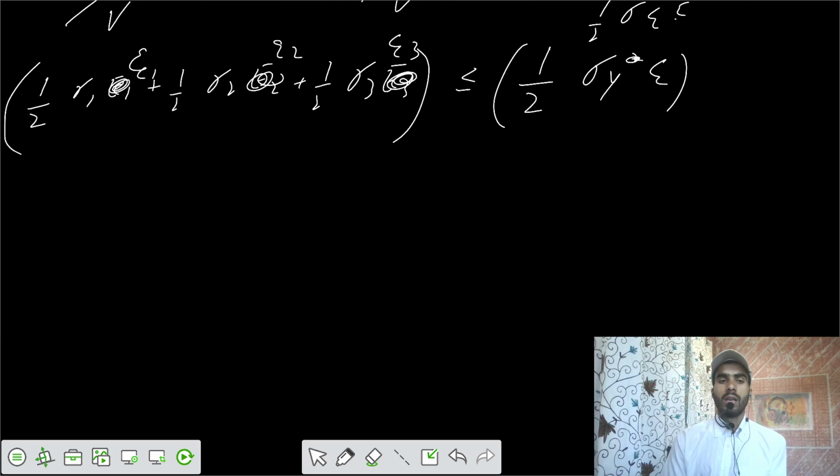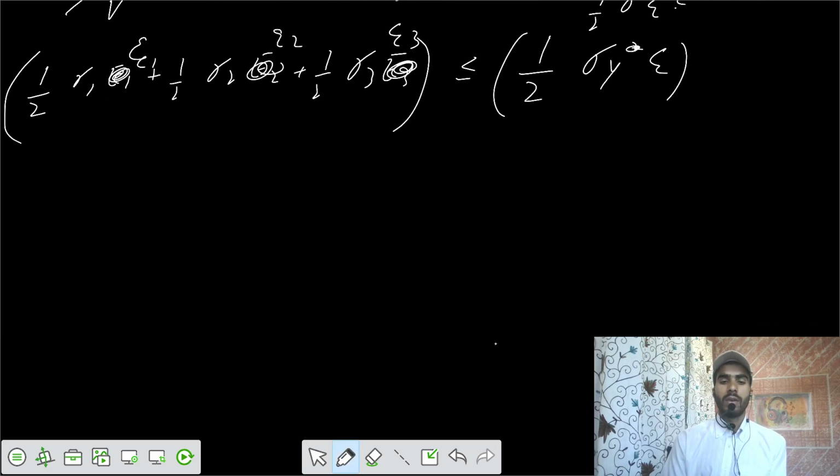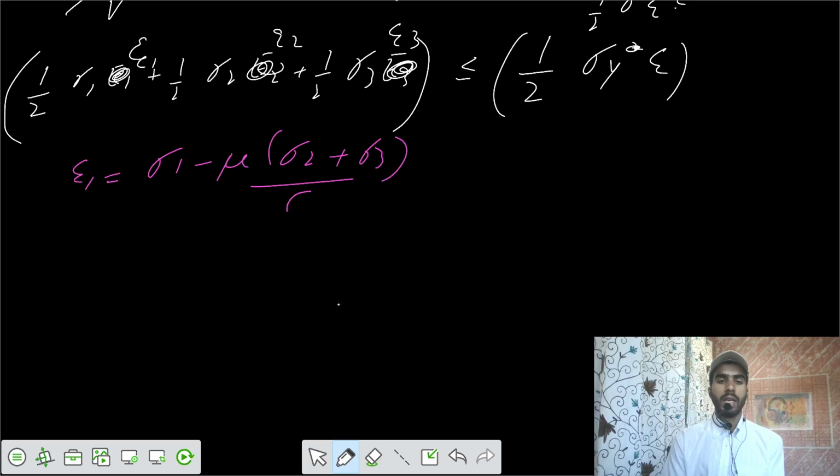So if you substitute that, we know that the value of strain E1 equals sigma 1 minus mu times sigma 2 plus sigma 3, divided by E. Similarly, you can have E2, E3.